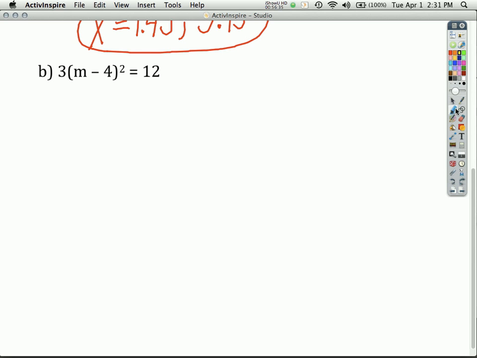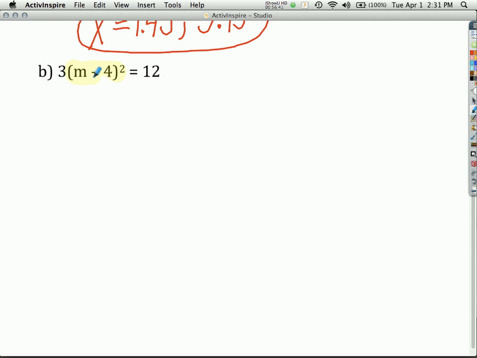The idea is we want to isolate whatever is being squared, because we now know that we can square root a square and get what's inside the square. So if we can just isolate that, then we're golden, we're good.